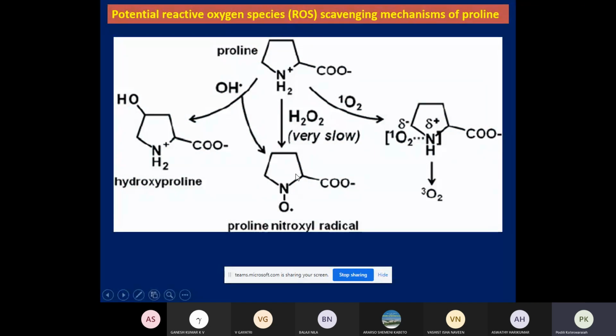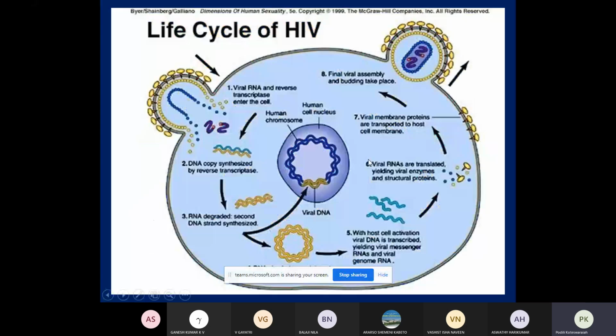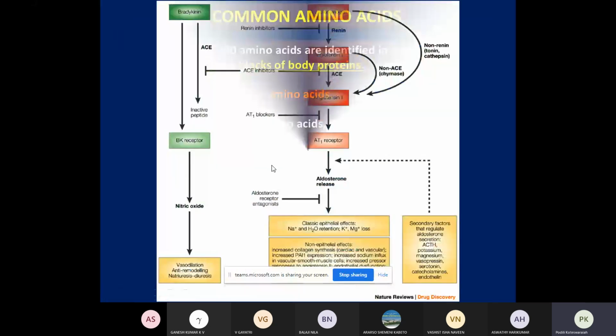As I already said, proline is involved in protecting the cell from oxidative damage, and some peptides are enzyme inhibitors, for example HIV protease inhibitors. All these are peptides in nature. As I said, some peptides are also neurotransmitters. For example, enkephalin is a neurotransmitter.